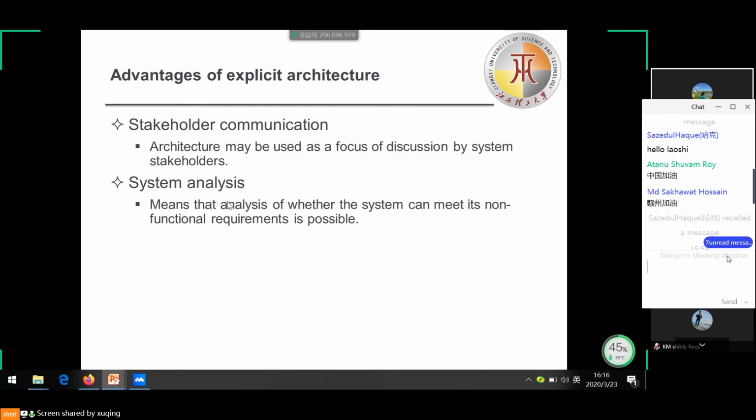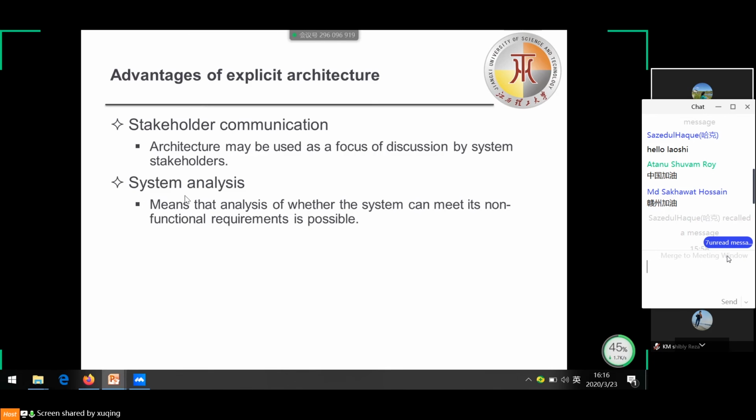And architecture design decisions have a profound effect on whether or not the system can meet critical requirements such as performance, reliability, and maintainability. So that's why we say explicit architecture is good for system analysis.